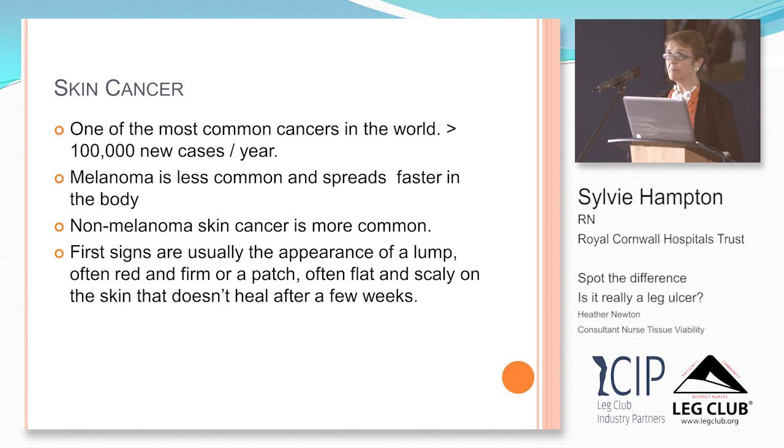Well, I had on my leg, and you'll be horrified because it was before I was a tissue viability nurse, but you'll be horrified at me, I had on my leg what I thought was a wart. And I had a friend who was a beautician, and he said, I can get rid of that for you, no problem. So he got one of those electrodes, and he put it down underneath the wart.